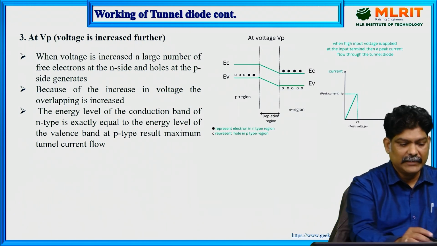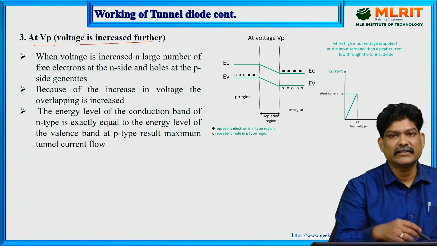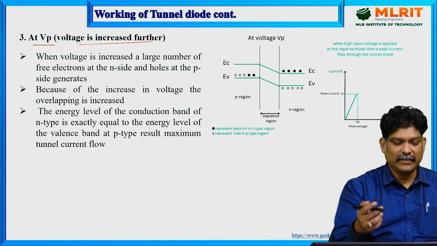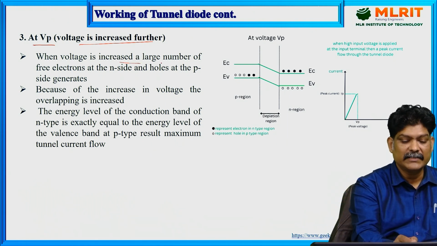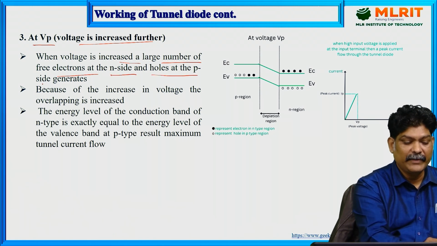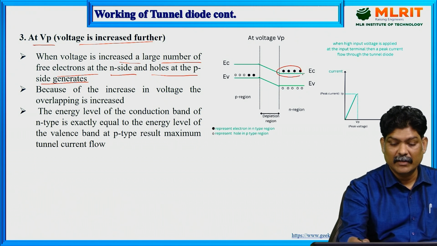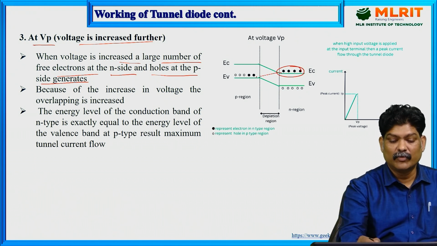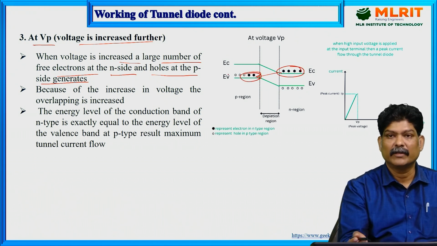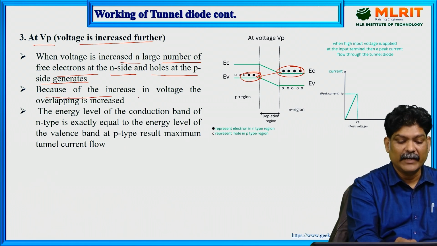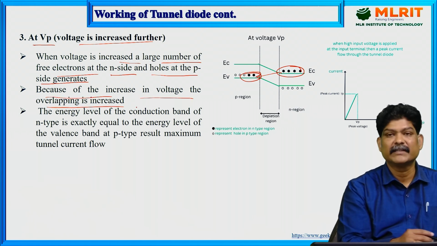Next, at VP, the voltage is increased further. This is the peak voltage. When the voltage is increased, a large number of free electrons at the N side and holes at the P side are generated, and because of the increase in the voltage, the overlapping is increased.